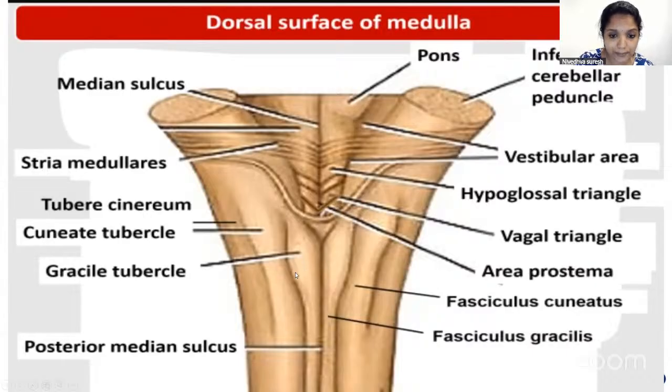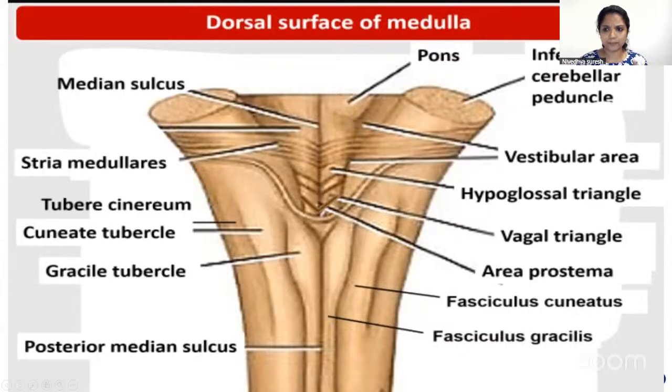And on either side of the posterior median fissure, you can see two tubercles. These tubercles are the gracile tubercle, and the next elevation is the cuneate tubercle. So remember these two things: this is the gracile tubercle, and this is the cuneate tubercle.